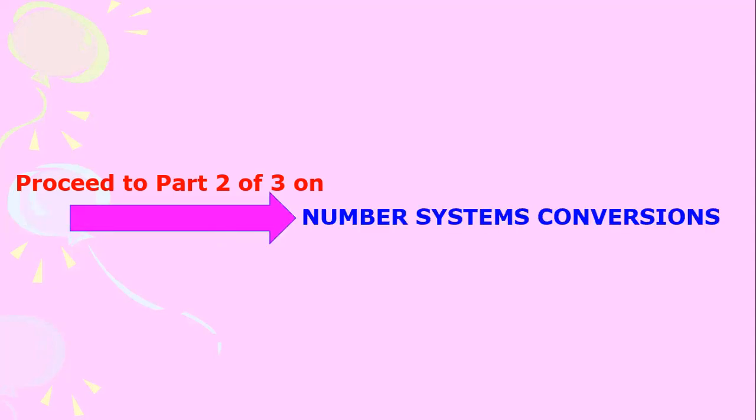Great. We have come to the end of part 1 of 3 of this presentation. You can now proceed to part 2 of 3 under the title Data Representation in the Computer, part 2 of 3 with the title Number Systems Conversions.